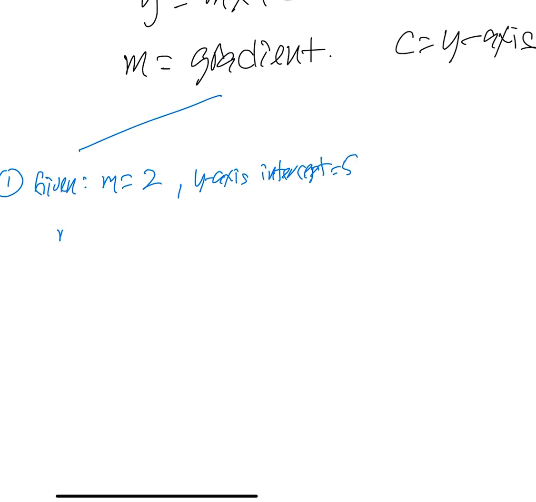So I know that the gradient is 2, c is 5. The equation of a straight line is y equals mx plus c, so I just need to put in the gradient and the c, and I will get the equation of the straight line. Unlikely this is the case in the exam, but you know, right? We need gradient, we need intercept. So that's the first condition.